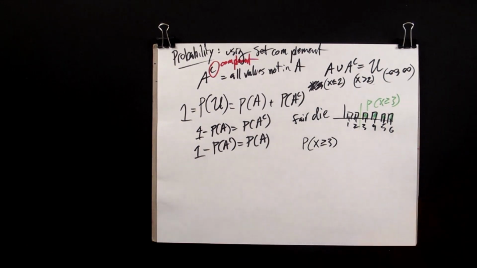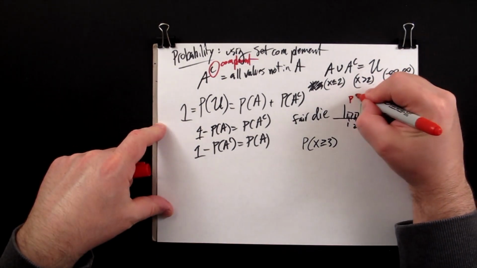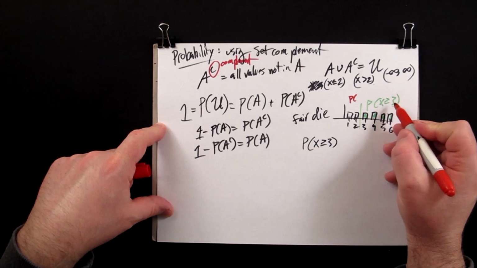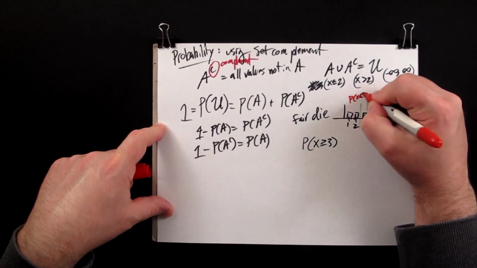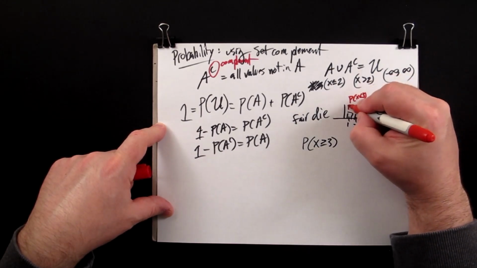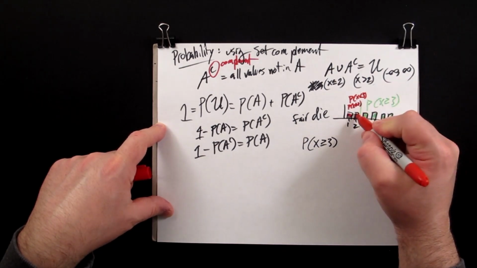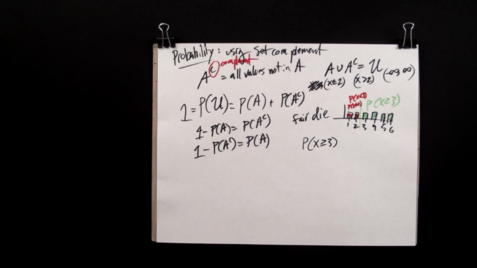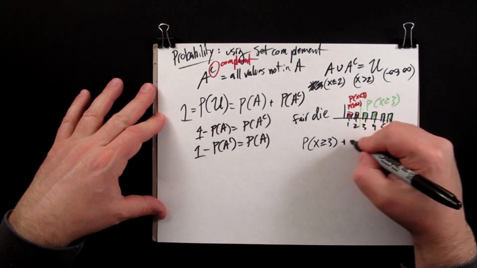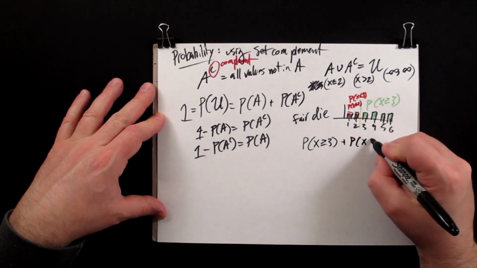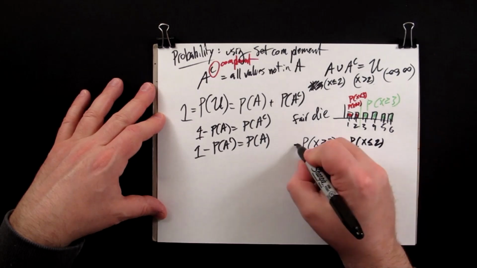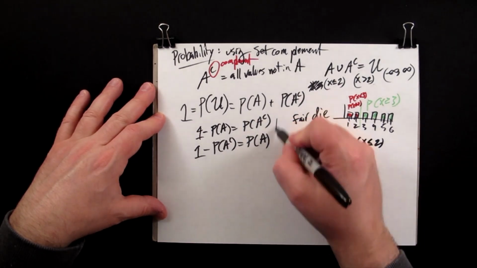And the complement of that is the chance that x is not greater than or equal to 3. So x is less than 3, which in this case is x less than or equal to 2. So together, these are going to be 1 for the fair die roll.